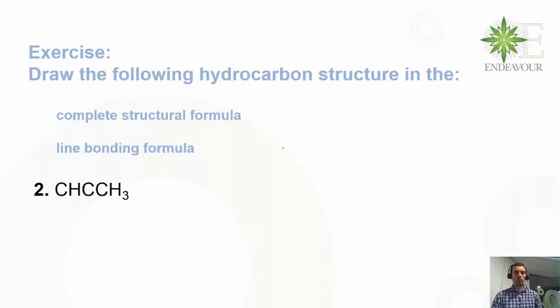Okay, so the first one, we're going to draw the complete structural formula. Let's start with just drawing out what we have on the screen here, and then we can try and add the bonds where we need them to get up to the right number of bonds for each one. Initially we've got a CH, and then we've got a C, and then we've got a CH3.